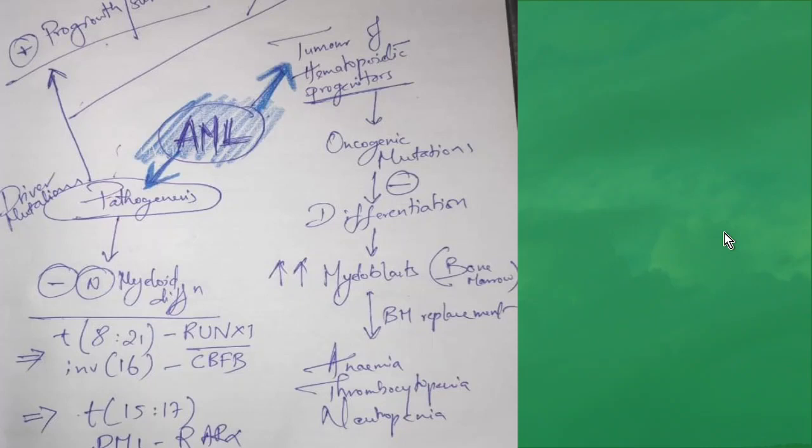These myeloblasts are increased in the bone marrow, and since myeloblasts replace most of the cells in the bone marrow, the other hematopoietic cells are unable to function properly. They are not produced properly. So since RBCs are reduced, anemia occurs, platelets are reduced, thrombocytopenia occurs, and obviously neutropenia because of reduction of granulocytes.